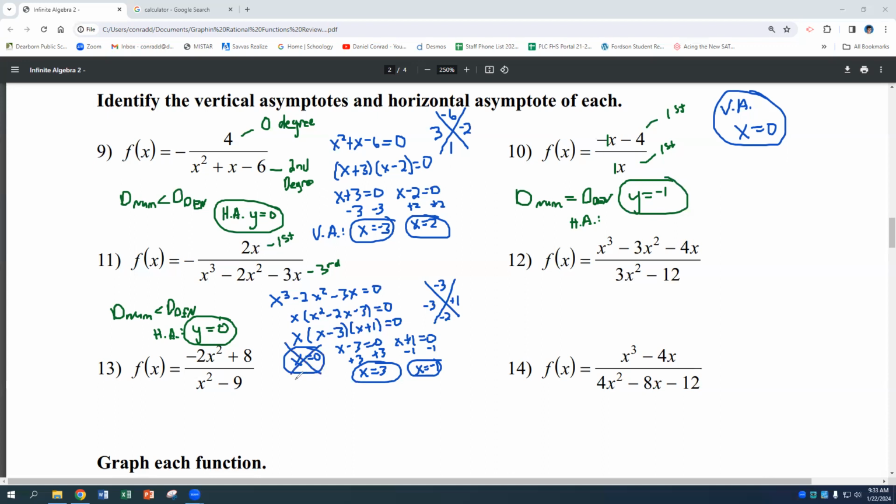So this is really a hole. We don't need to much worry about that. And then you would just have vertical asymptotes at 3 and -1, but that's fine. All right, number 12.